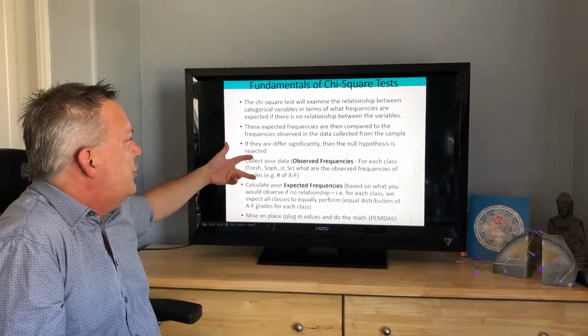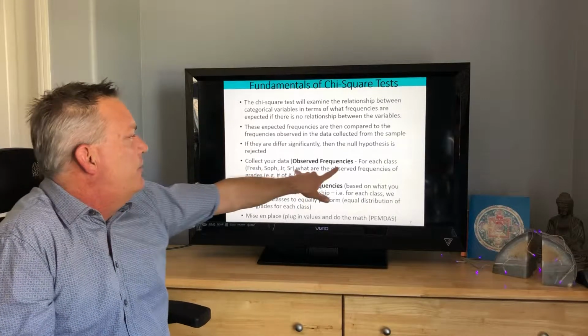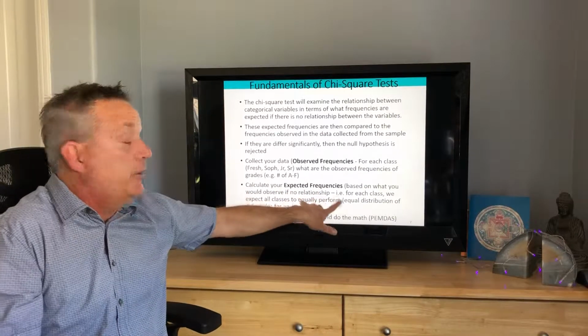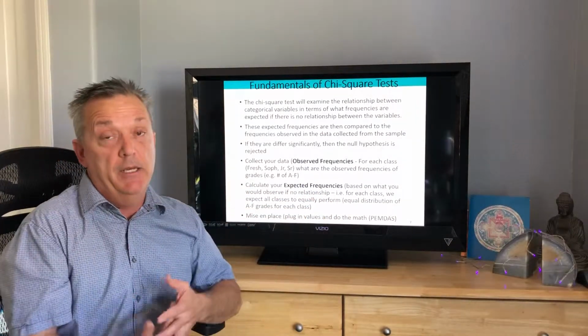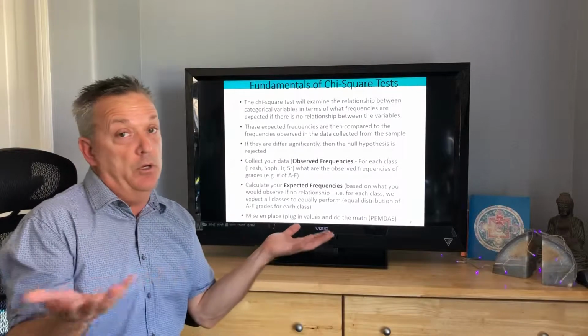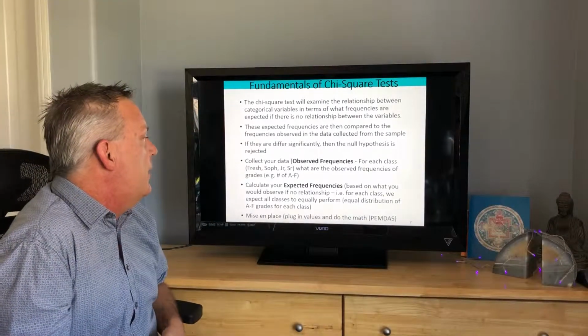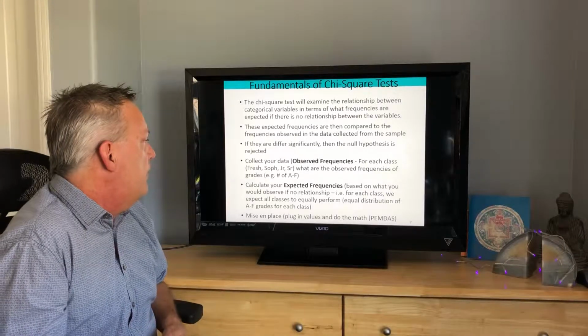So you're going to collect your data, and you'll take a look at those observed frequencies. And then you'll also calculate your expected frequencies so you can compare the data and see if your hypotheses are true about your seniors, and if they do better, for example.